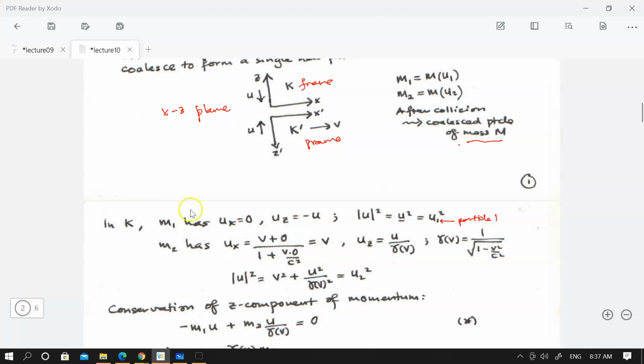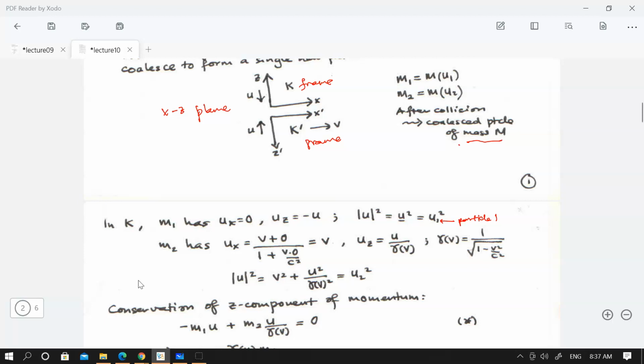Then for particle 2 inside the frame K, you need to use the addition of velocities. So you have ux equals the frame velocity plus the particle velocity, but the particle velocity in K is 0, so you get v plus 0, divided by 1 plus v u on c squared.